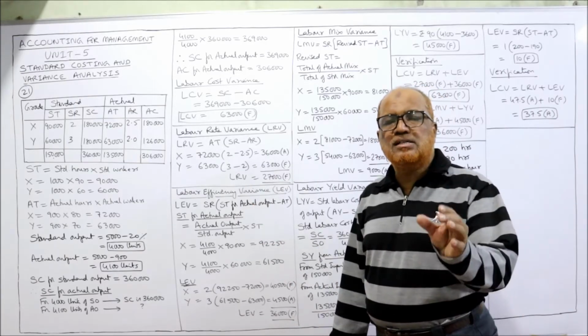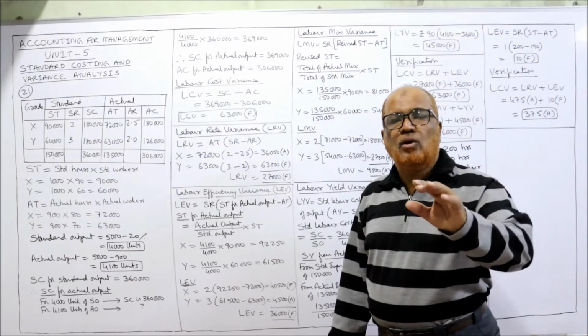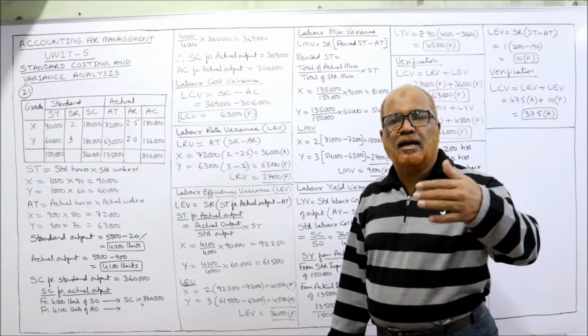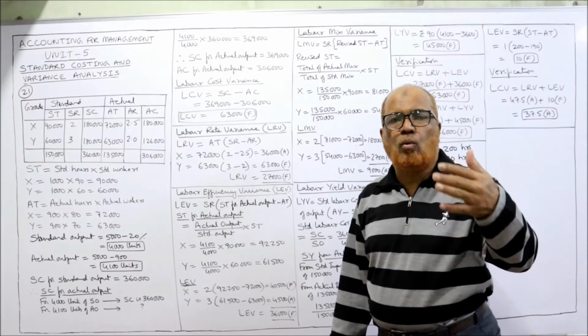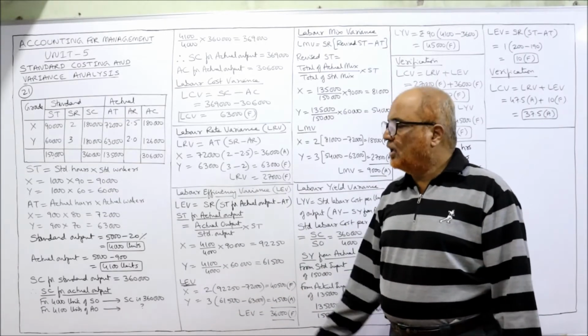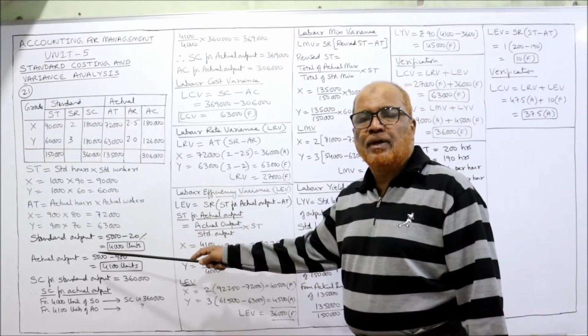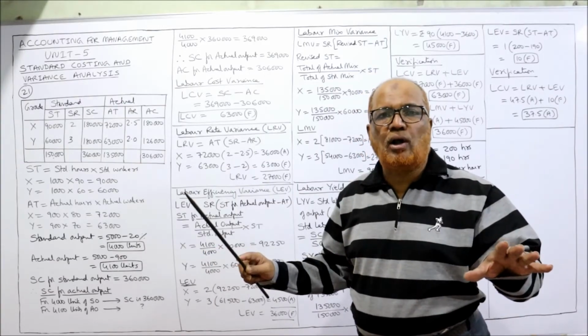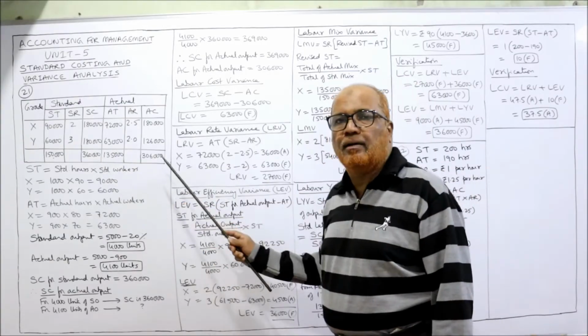So this point is a little bit tough. You have to rewind it again and again, 2-3 times. If you listen, definitely you will be able to get the point. If both the outputs are same, if there is no loss at all, directly we would have compared.